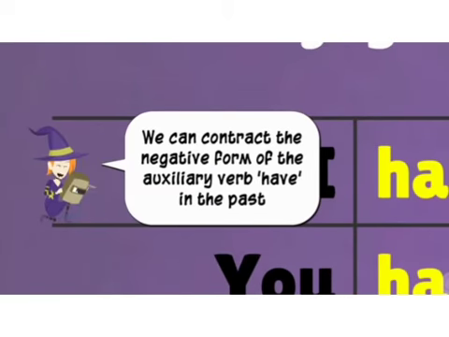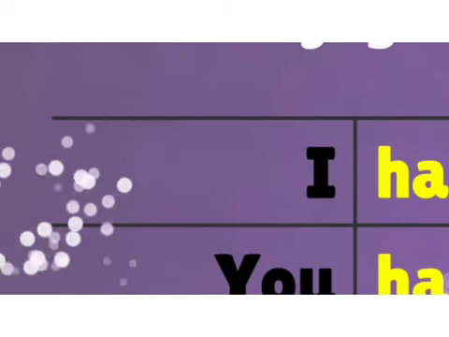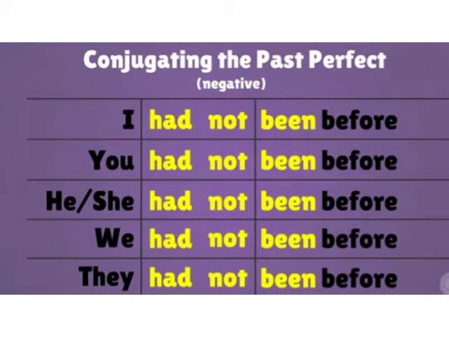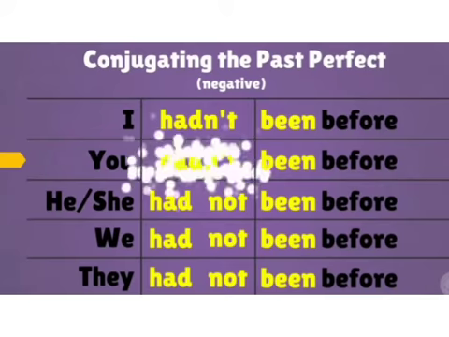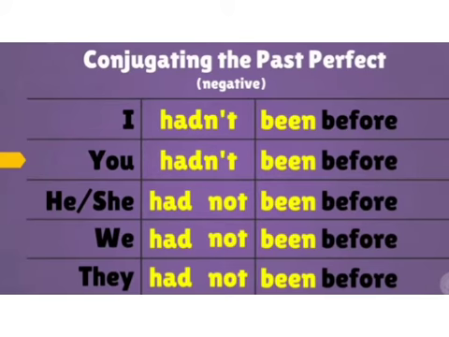And now let's contract the negative forms. How to do it? Yes, had plus not will contract together to form hadn't. I hadn't been before. The next one, you hadn't been before. Yes.